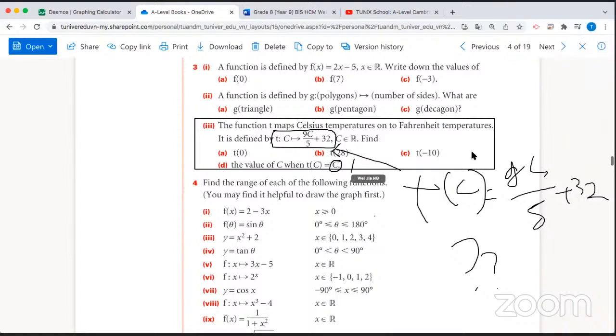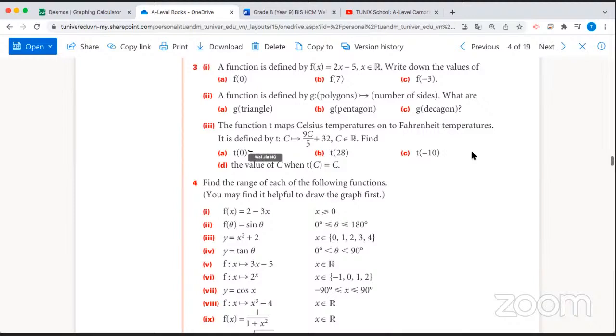T(C) equals C, right? Not sure. A one-to-one function, yeah.